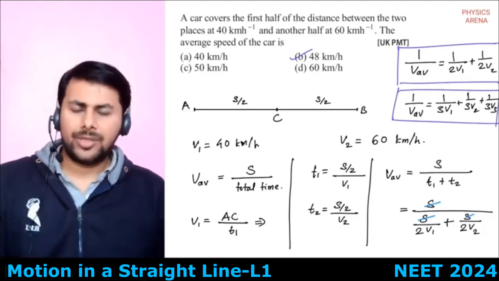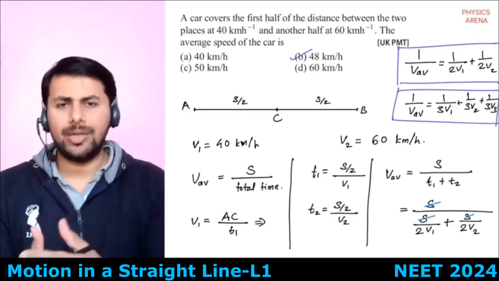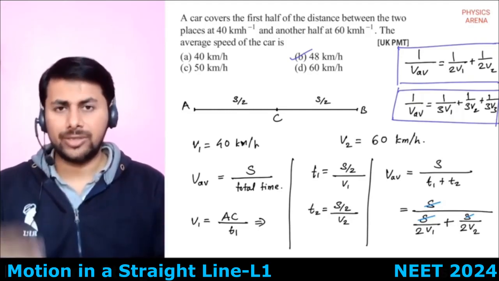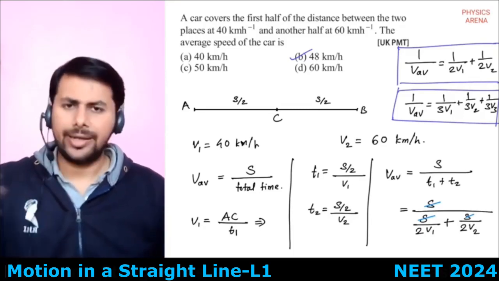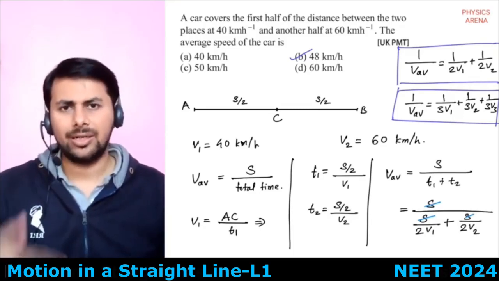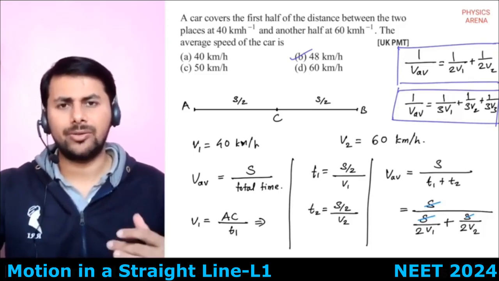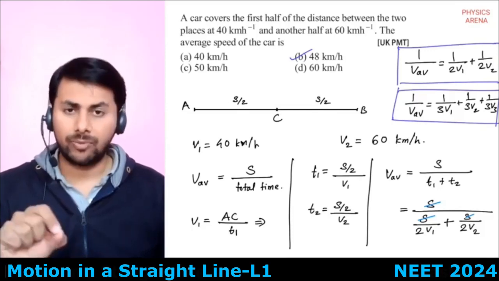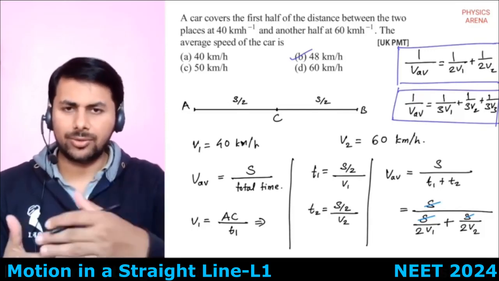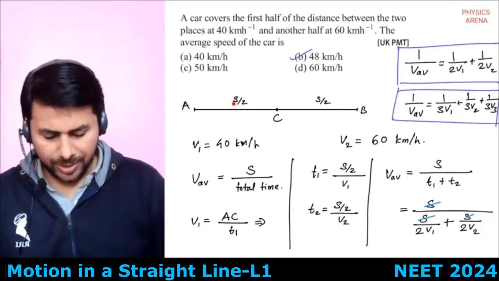If it covers distance s by 4 with speed v1, next s by 4 with speed v2, next s by 4 with speed v3, and next s by 4 with speed v4, then your formula will be 1 upon v average equals 1 upon 4v1, because the total distance is broken in 4 parts now.